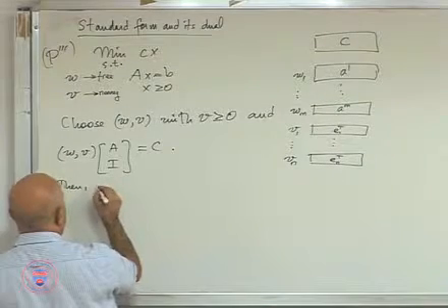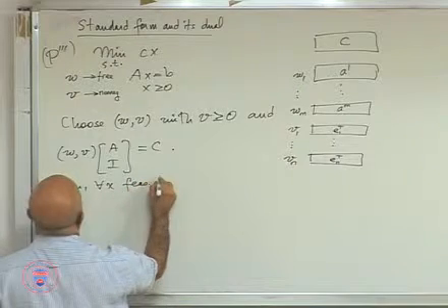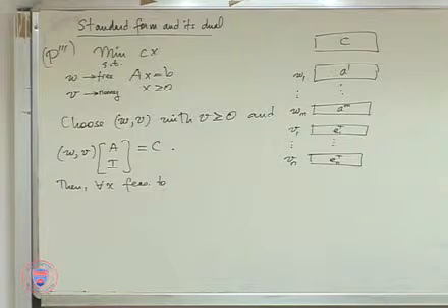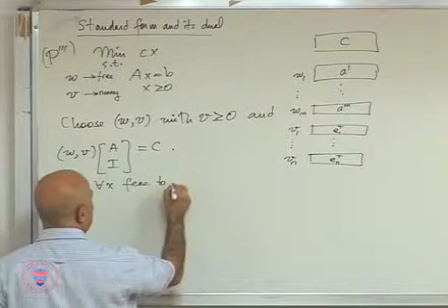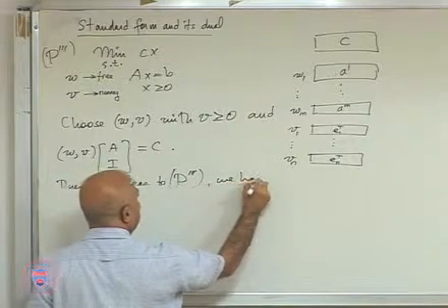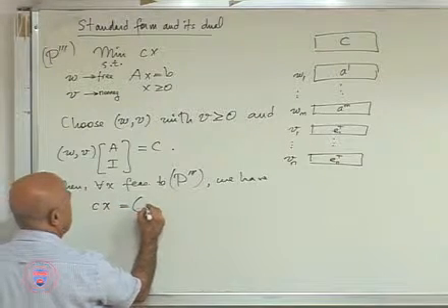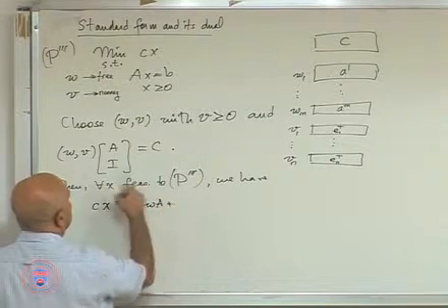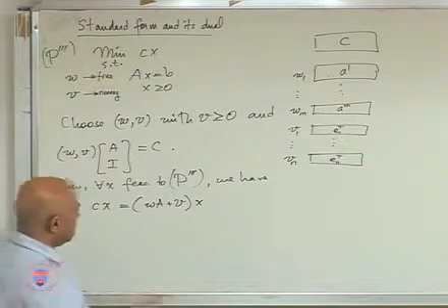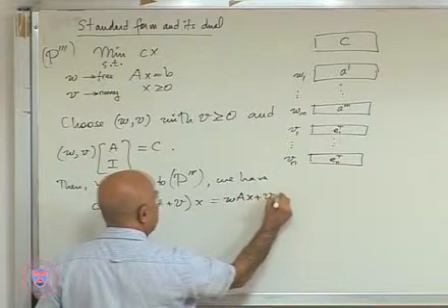If this is satisfied, then for every x feasible to, I don't know, is this P triple prime? Where are we now? P double prime, P triple prime, okay. For any x feasible to P triple prime, we have Cx, which is equal to (WA plus V) times x, which gives you WAx plus Vx.